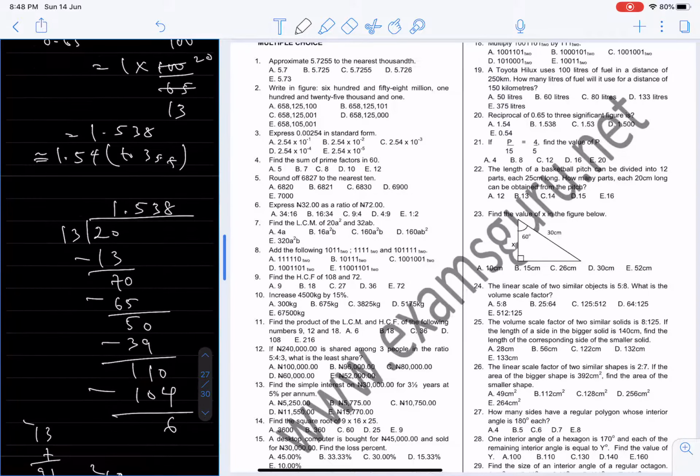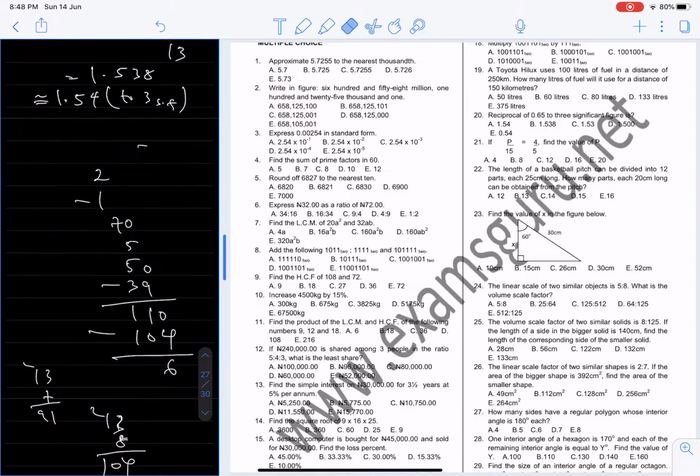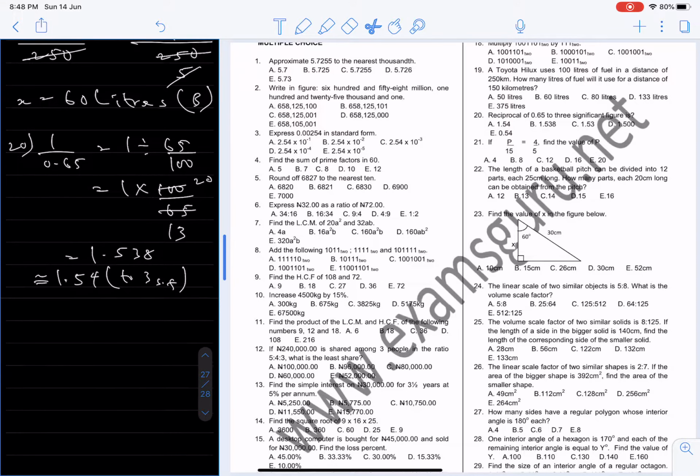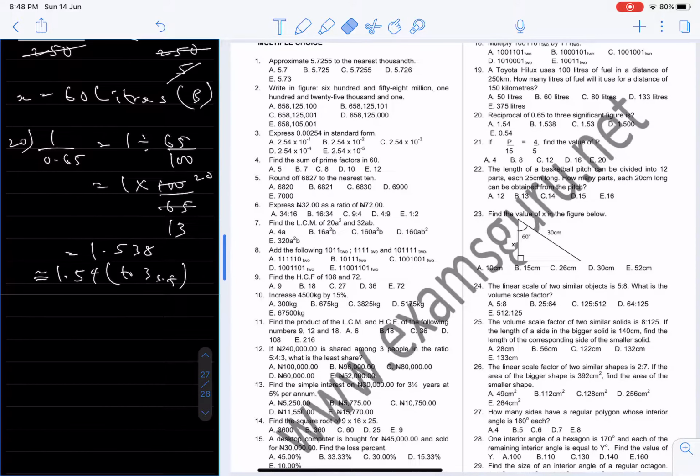And the correct option for number 20 is A, 1.54.